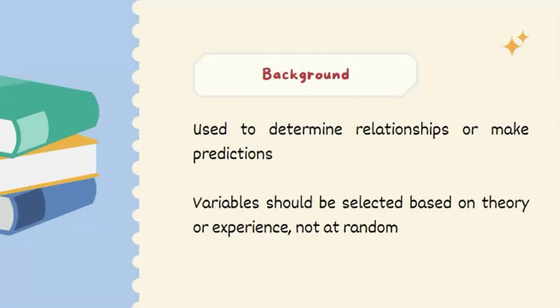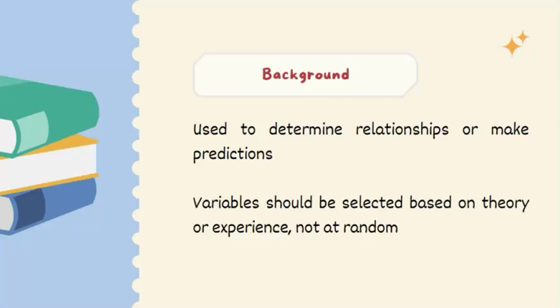So when we're doing research, and this is correlational research, we're determining either relationships or, like I just said, we're looking to make a prediction, looking at two variables and how one might predict or make a prediction about the other.